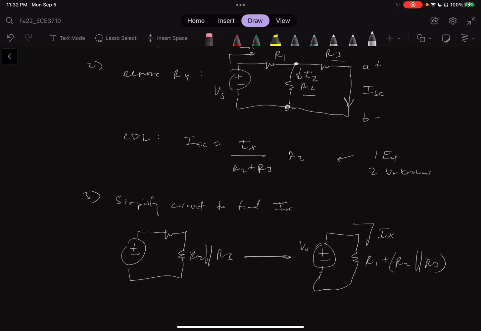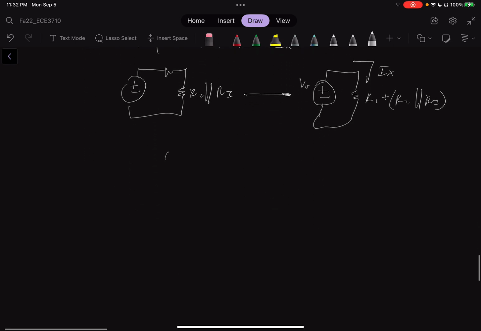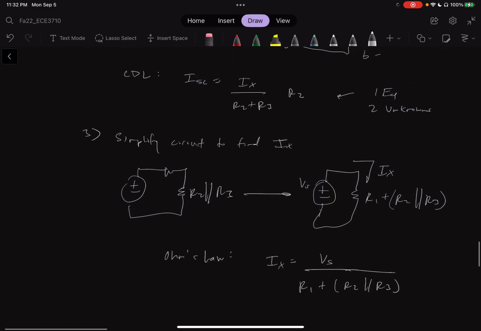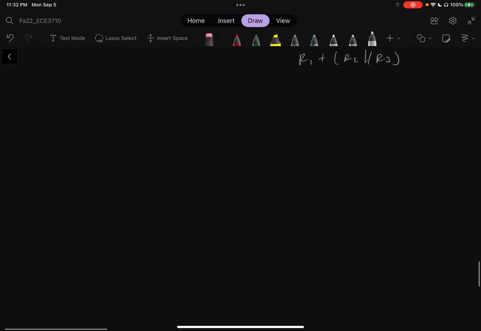And using Ohm's law, I could find IX. IX is equal to Vs divided by R1 plus, parenthesis, R2 parallel to R3. Okay? And if you go back to this equation here, just apply the equation derived from Ohm's law to the equation derived from CDL, current divider law. So fourth step, put it all together.